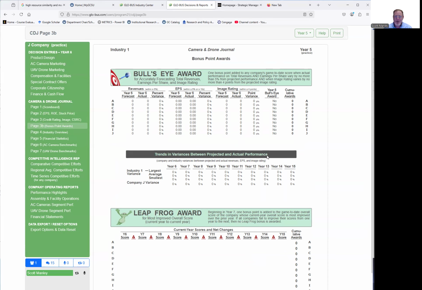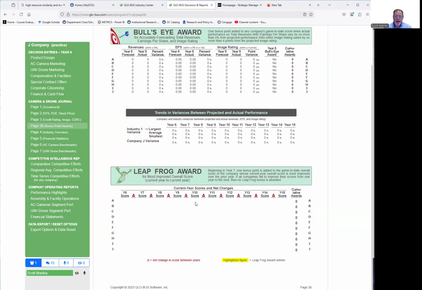You can win bonus points for a Bullseye Award, which means that you're plus or minus 5% in your revenues, plus or minus 5% in your EPS, plus or minus 4 points in your image rating. For every year that you meet those criteria, you can win a Bullseye Award. You can also win a Leapfrog Award for having the most year-over-year improvement.